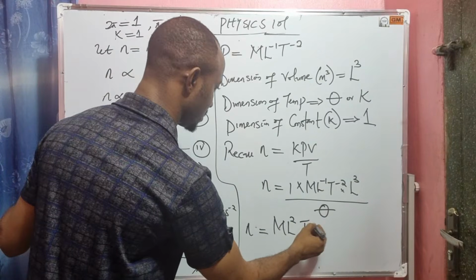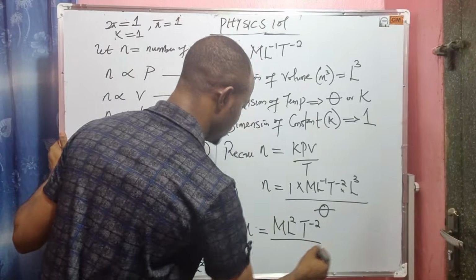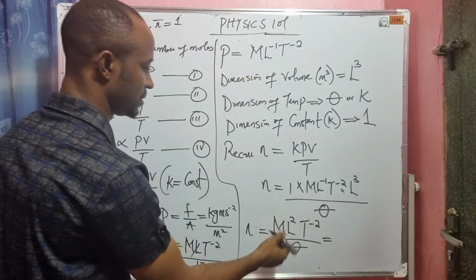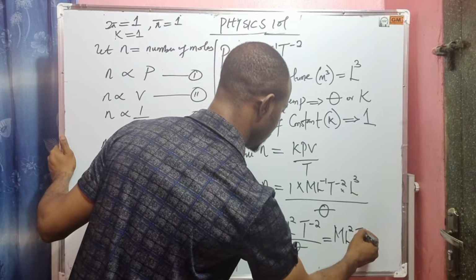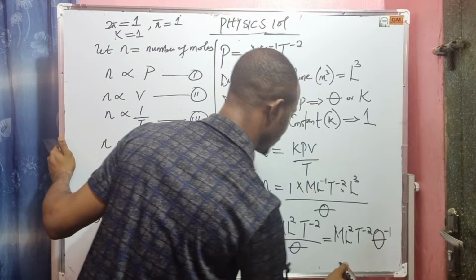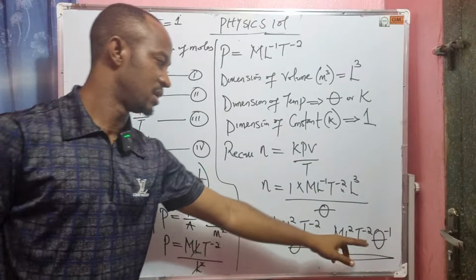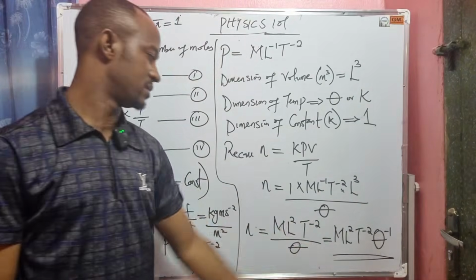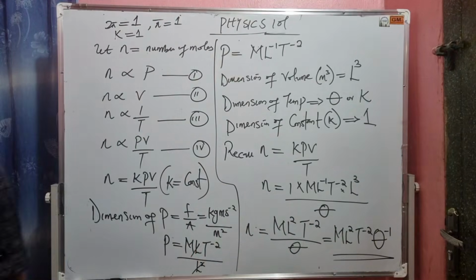Then T raised to minus 2, divided by theta. When you move this theta up, it becomes minus 1. Final answer: M L squared T raised to minus 2 theta raised to minus 1.